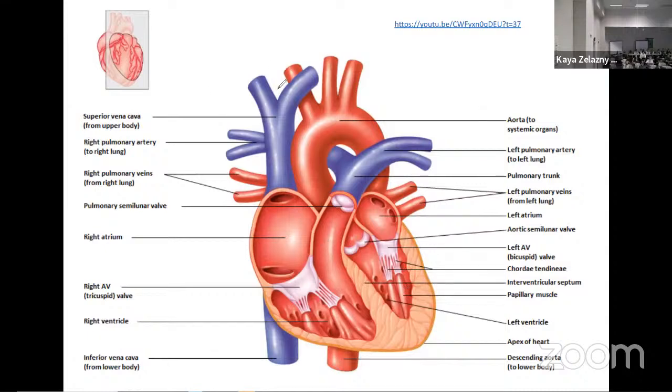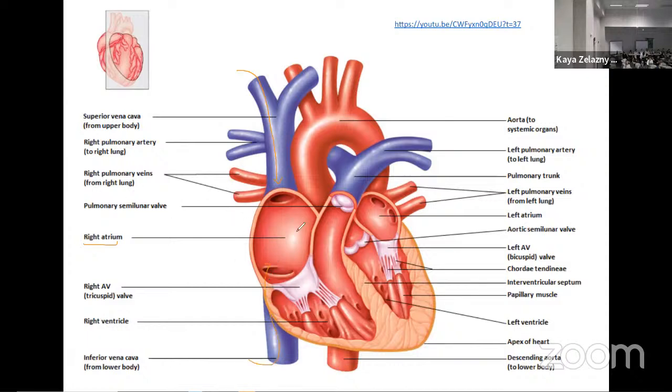We have deoxygenated blood, where we've used up the oxygen, coming in to our first chamber of the heart, the right atrium. This is coming from the superior and inferior vena cava, the names of our veins coming into that right atrium.